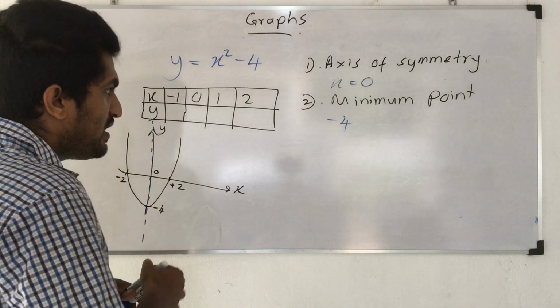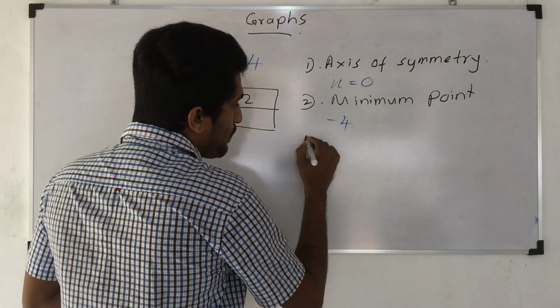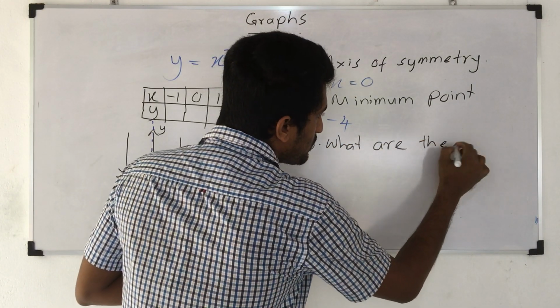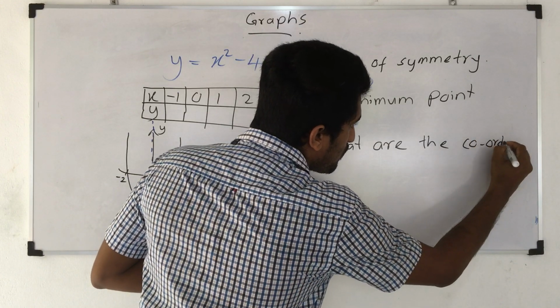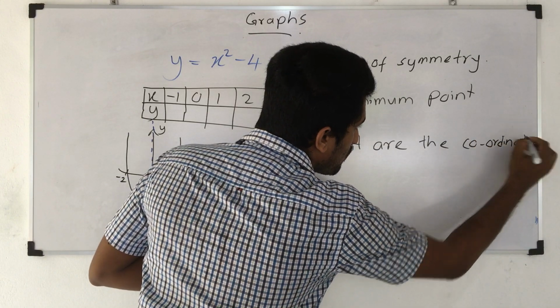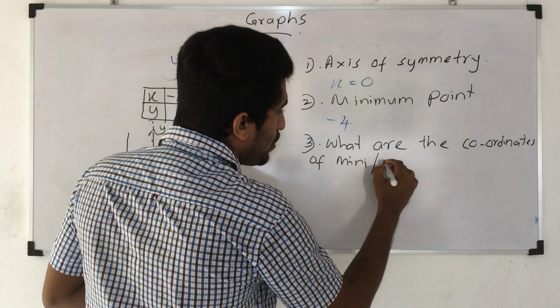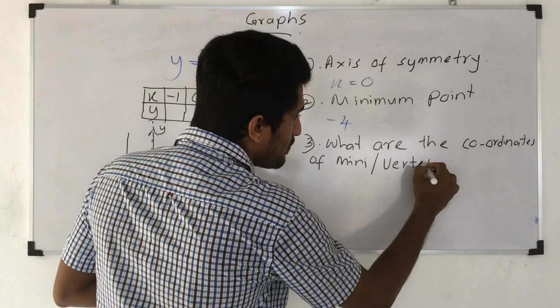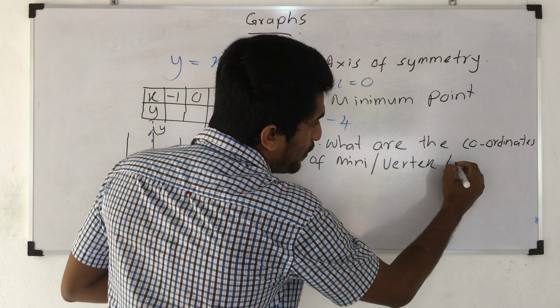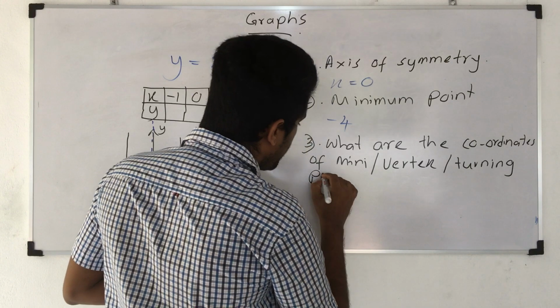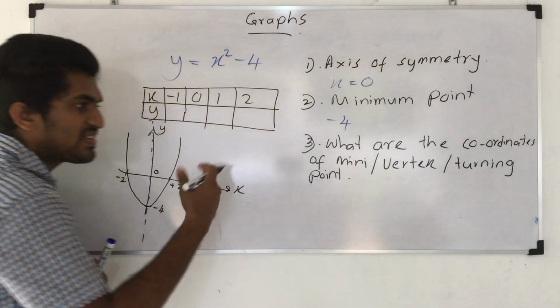So in your exam they will ask a question like, what are the coordinates of the minimum point, or vertex, or turning point? They can ask in different ways.